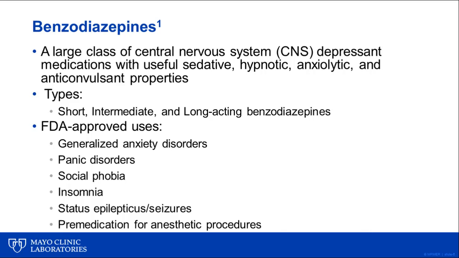Benzodiazepines are a large class of central nervous system depressant medications with useful sedative, hypnotic, anxiolytic, and anticonvulsant properties. There are short, intermediate, and long-acting benzodiazepines, which are commonly prescribed for generalized anxiety disorders, panic disorders, social phobias, insomnia, seizures, or they can be used as pre-medication for anesthetic procedures.